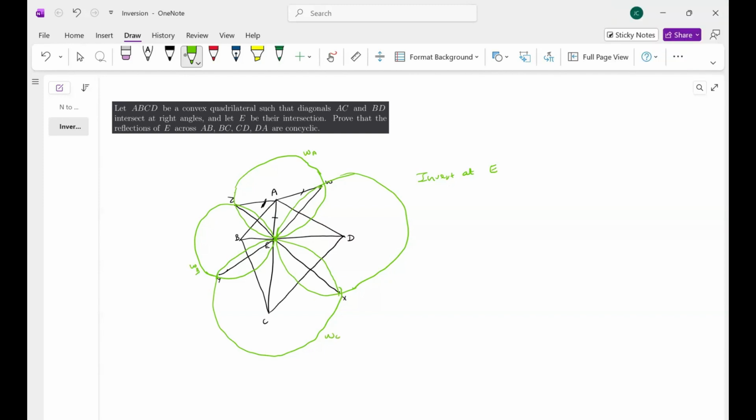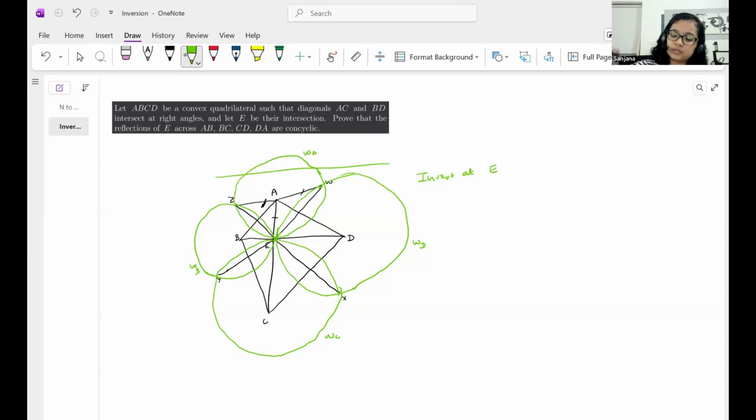If we take a random circle omega centered at E, the circle will be the radical axis of omega and omega A. We know that it goes to some line, but what more do we know about this line?